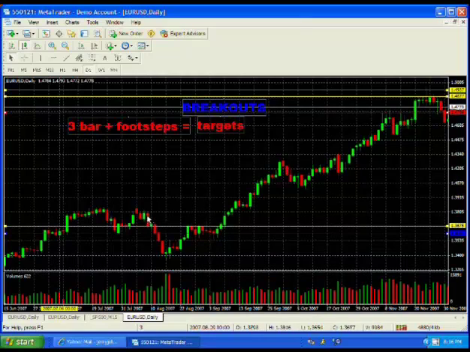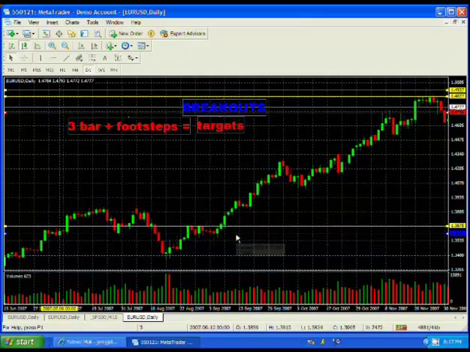It would be this red bar because it is the next bar above 2, the next highest bar. And we want to see the next bar have a higher high and higher low than number 2. So each bar successively should have a higher high and higher low than the previous bar in our 3-bar count. 1, 2, 3.